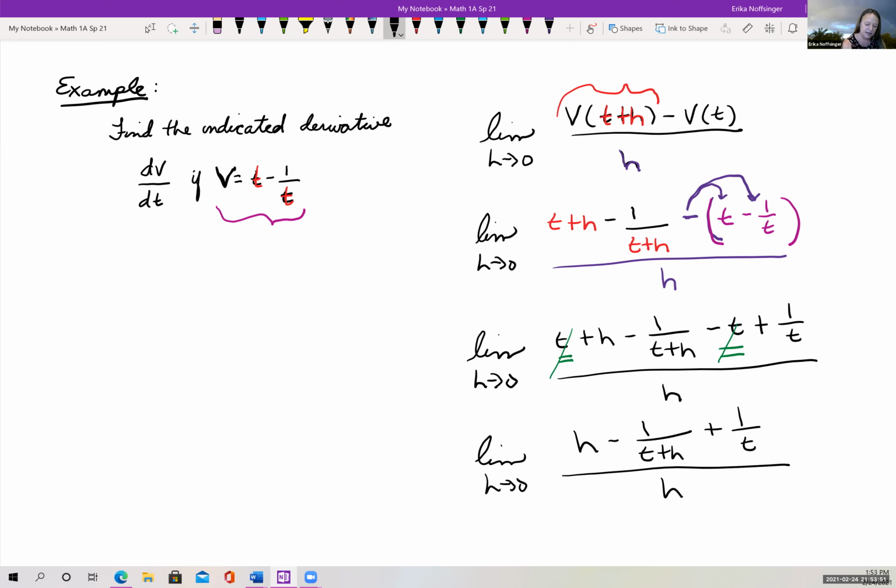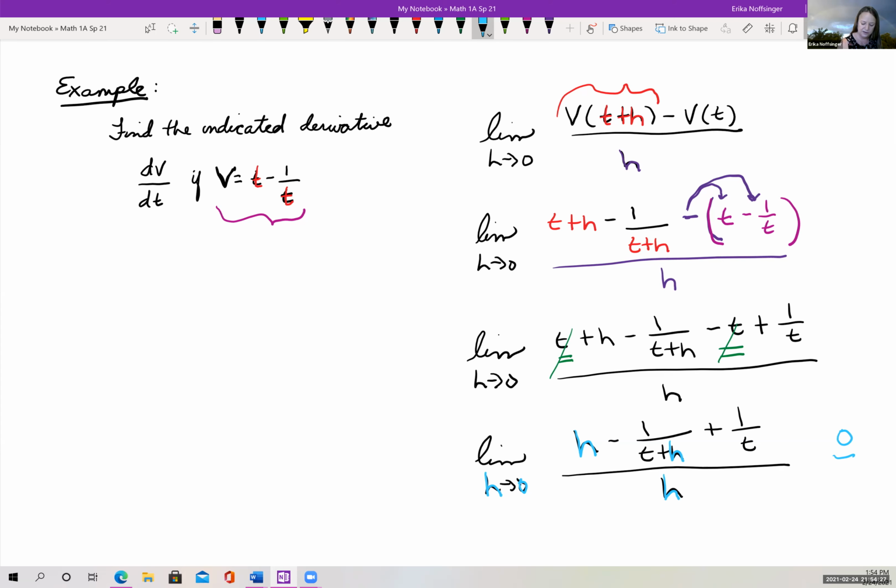If we did direct substitution and plugged in 0 wherever we saw the variable h, we would have 0 minus 1 over t plus 1 over t. Those cancel, and that gives us a 0 in the numerator, but also a 0 in the denominator. Recall, if we get 0 over 0, that's an indeterminate form, and it didn't tell us anything.